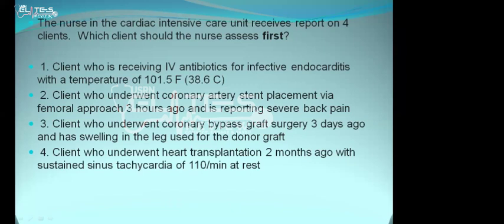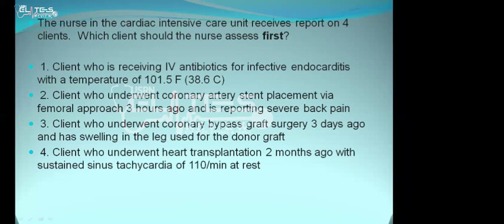I will go for answer 2. The client who underwent surgery. When we're looking at the rules, we said post-op less than 12 hours, we should prioritize that. And also looking at the other options, the client is receiving antibiotics already.